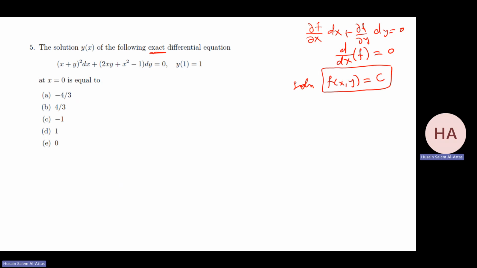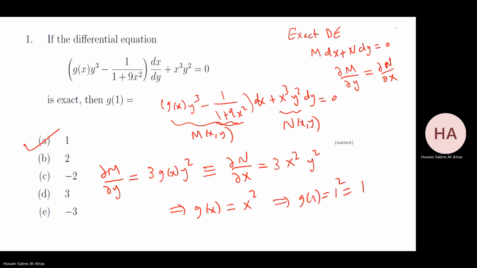This is what I'm looking for. So I need to find f which satisfies that this is partial f with partial x and this is partial f with partial y. But how to check it's exact? We need this. This is how to check it's exact. But how to solve it?